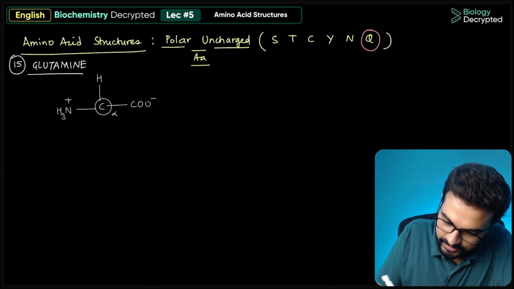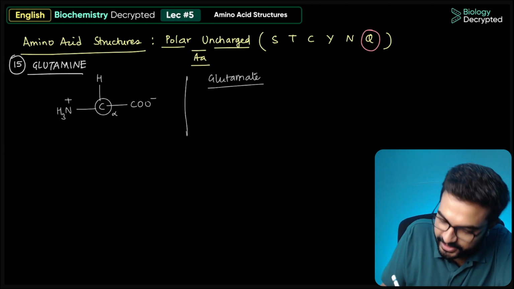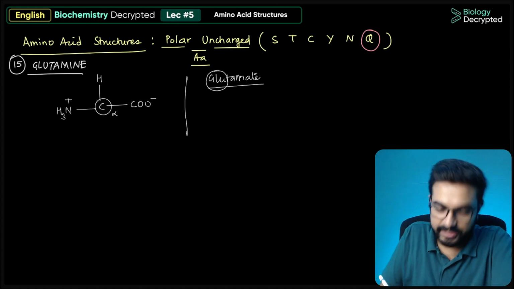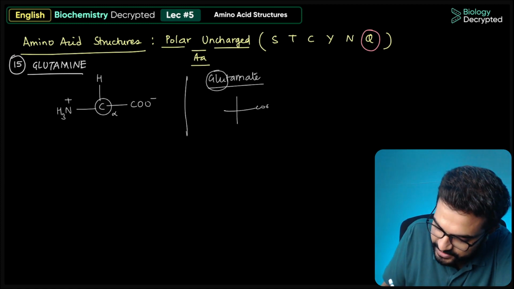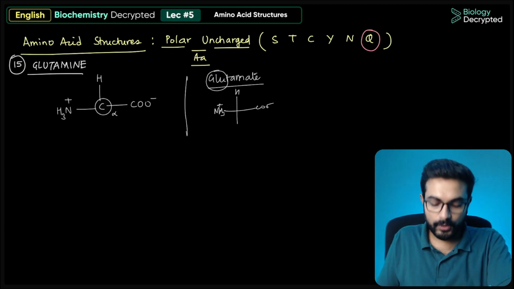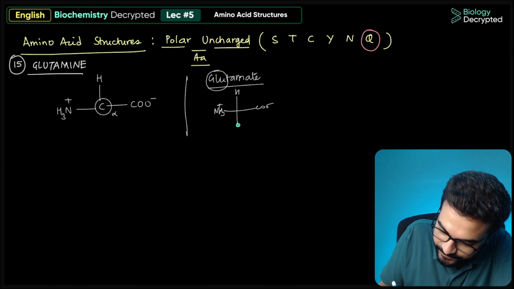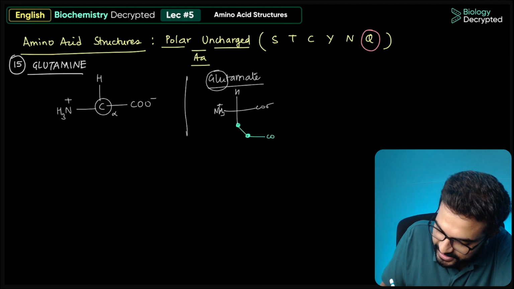Now, moving to glutamine. Again, you will have glutamate. For glutamate, if you draw the structure, this part will be the same, COO minus, NH3 plus, H. Now, what you'll have to change here is this particular part. There will be one carbon, another carbon, and here you will write COO minus.